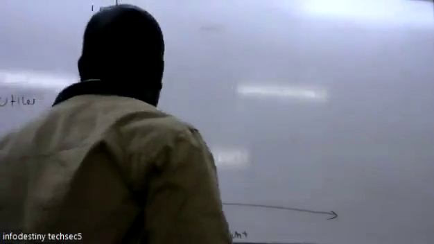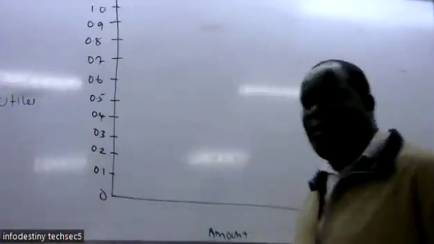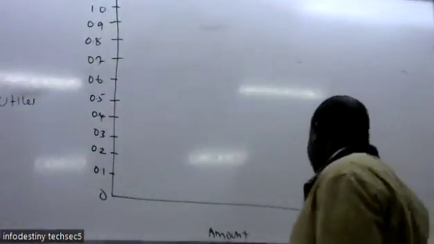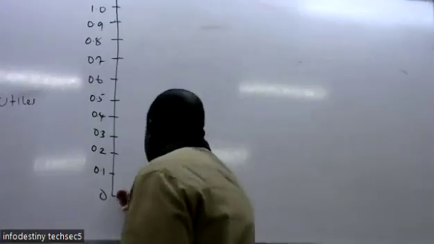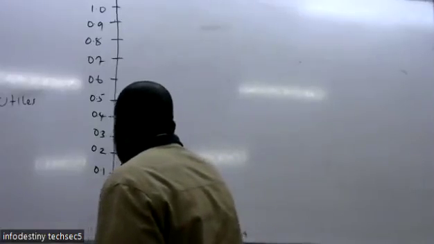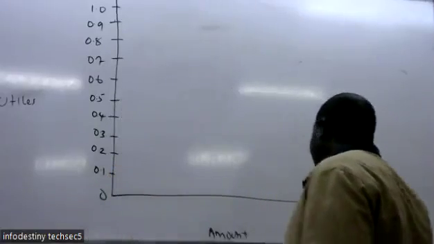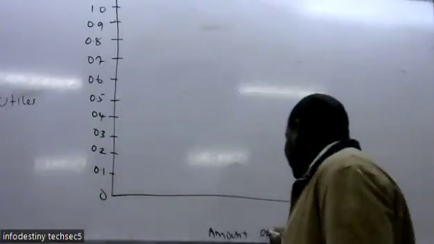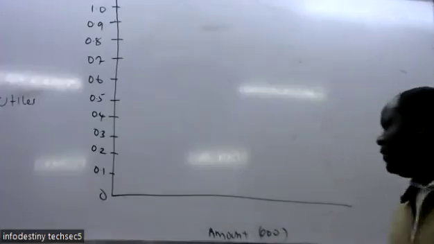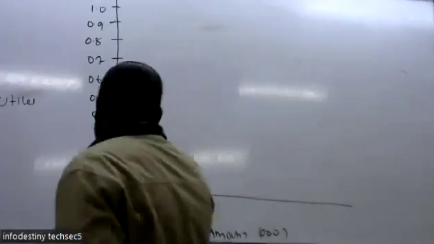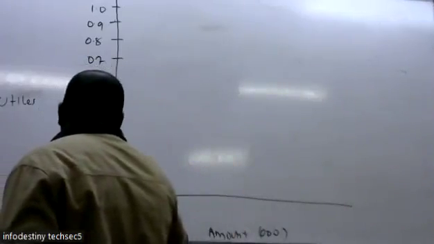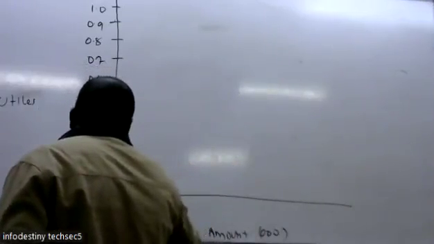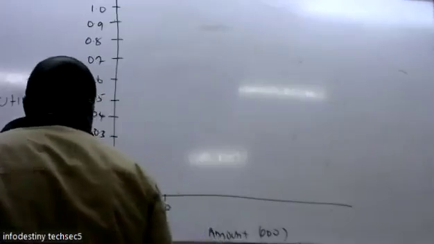Then for the amount, the highest amount was 100,000. So I will reduce them by 3 zeros, so that I start with the first one as 10, then the second one as 20.